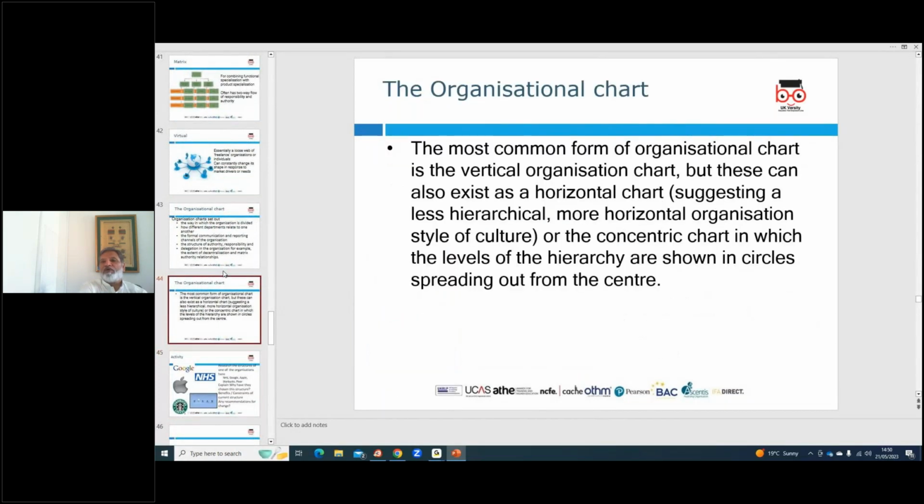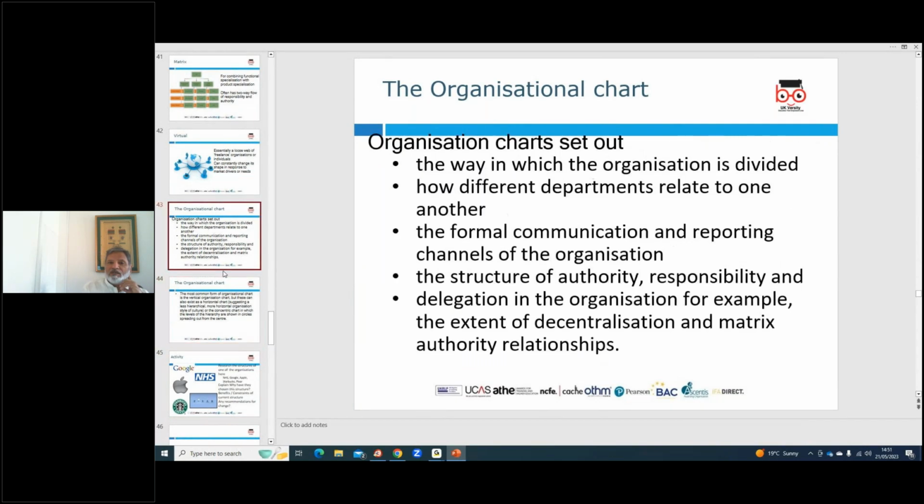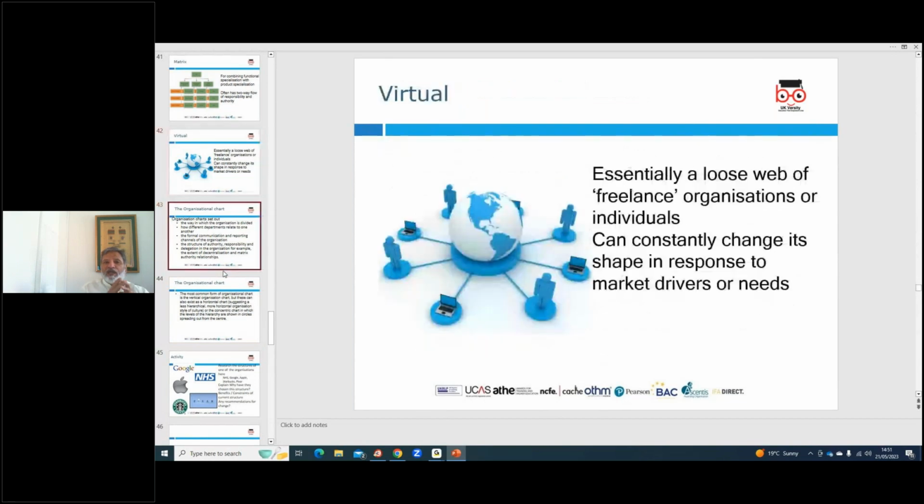Okay. The most common form of organizational structure is, when we look at the charts, organization charts.